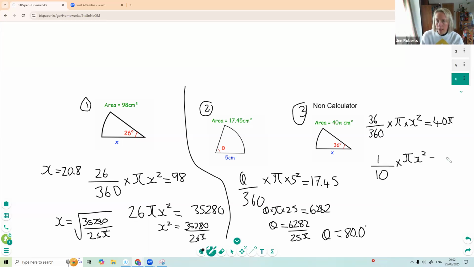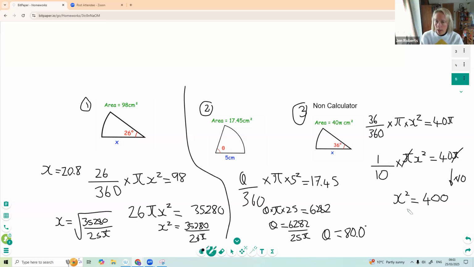Both sides have a pi in it, so I'm going to divide both sides by pi. Then I don't like this fraction here. So this is dividing by 10. I'm going to times both sides by 10. If I times the left-hand side by 10, that 10 disappears to leave me with x squared. And if I times the right-hand side by 10, I get 400.